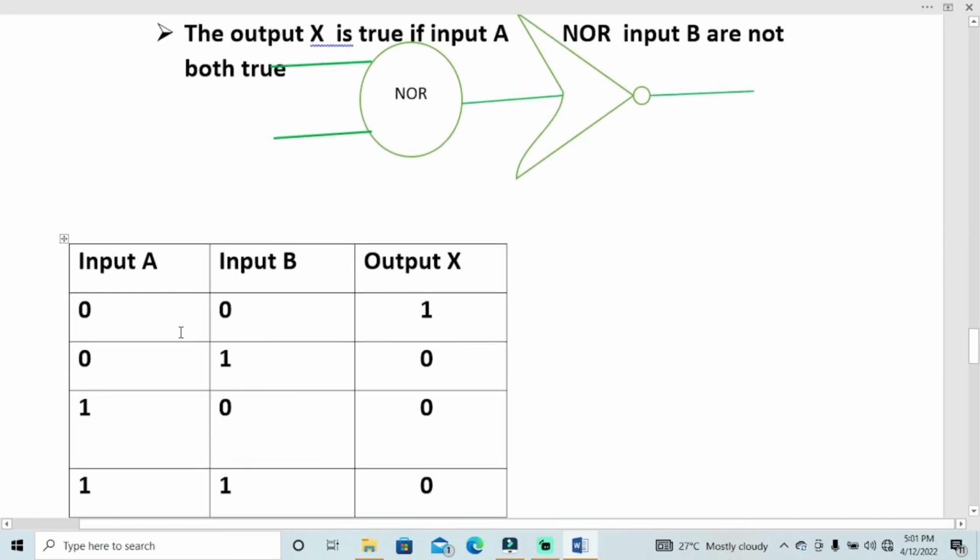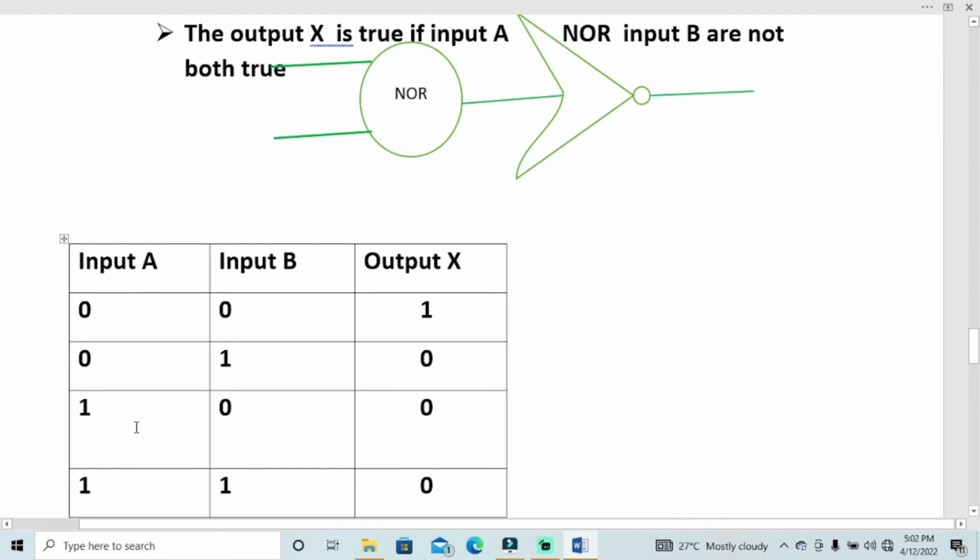So we have if input A is not true and input B is not true, which means neither of them is true, we have output X as 1, which means it's true. Here we have input A not being true, but input B is true, which means one of them, B, is actually true, so the output X is not true.